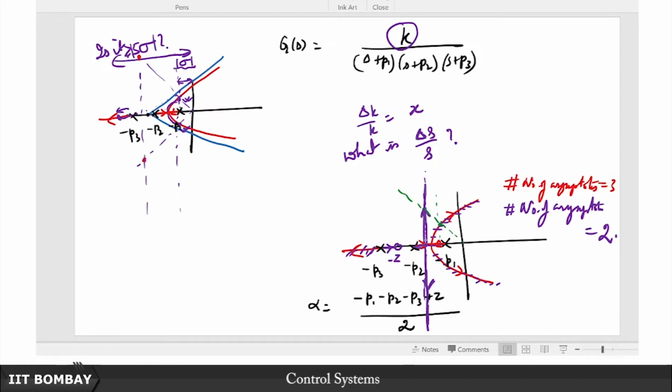But this also brings something interesting, as this brief discussion that I made on the location of the centroid might suggest to you. Notice that in an earlier lecture, when we talked about the second order system like this, we said almost uncritically that if you place a 0 on the left half plane, and if you keep moving the 0 to the left, it has the effect of pushing your root locus further and further to the left.